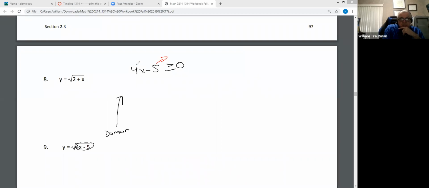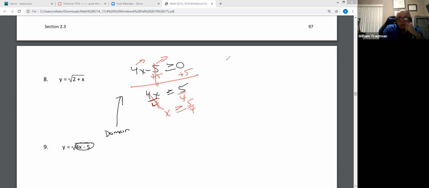I need to get the 5 and the 4 to the other side. The add and subtract comes first, so I'm going to add 5, add 5. All we're doing is solving for x here. And then divide by 4. Divide by 4. And x is greater than or equal to 5/4.